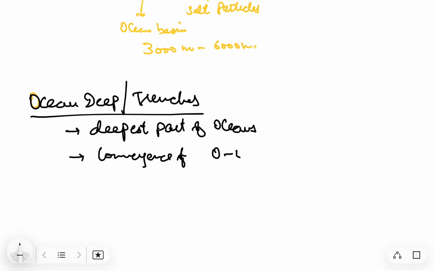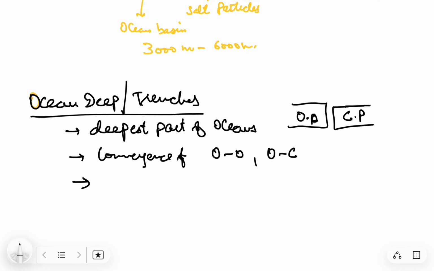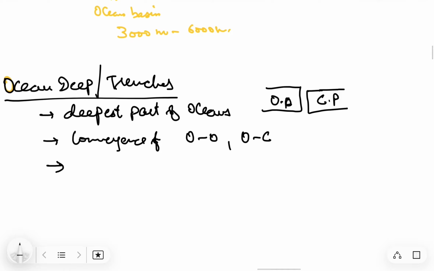Here we have the convergence of oceanic and continental plates. When the plates converge, the lighter plate will be overridden by the heavier one, and there will be subduction. The oceanic plate is heavier than the continental plate, so the oceanic plate will subduct.